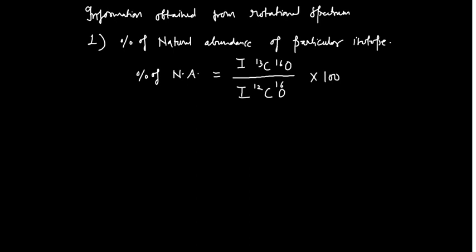So this is the formula of the natural abundance. I already told you in mass spectrometry also, intensity is directly proportional to the concentration of that particular species which is reaching the detector. So you can use this formula.